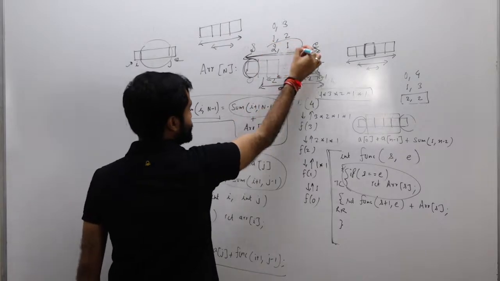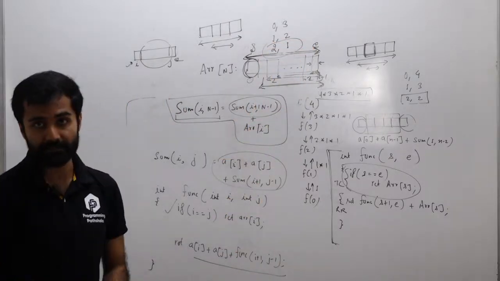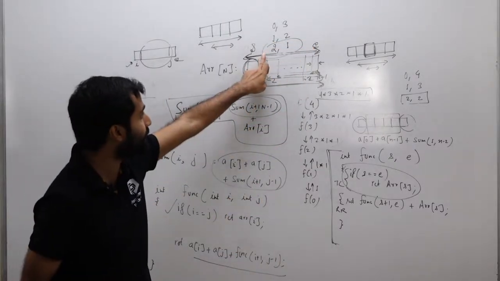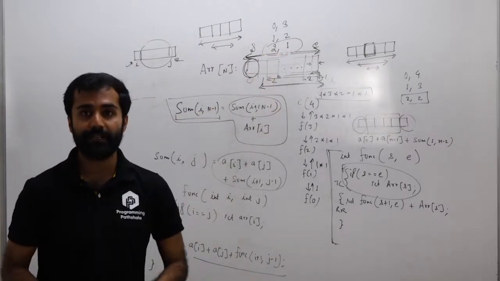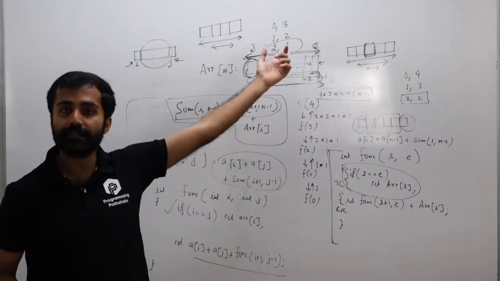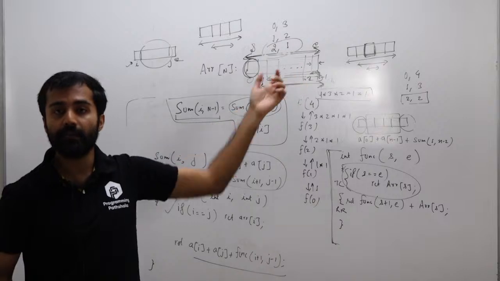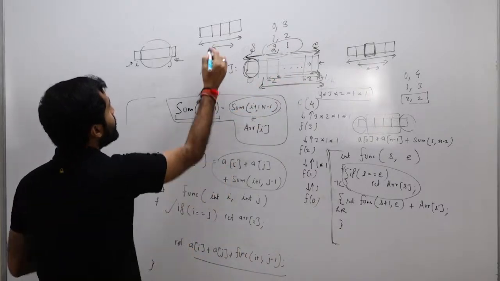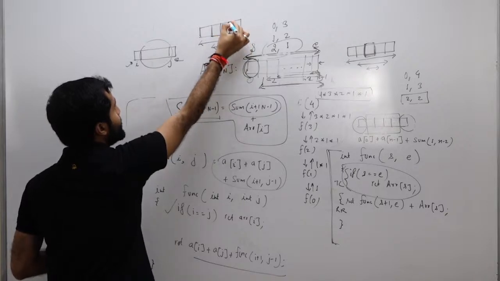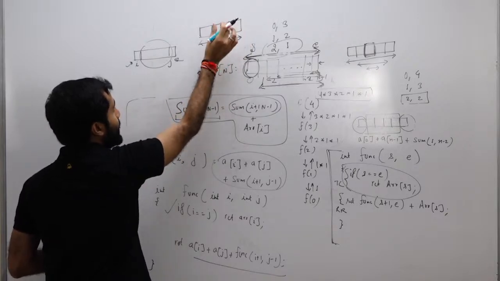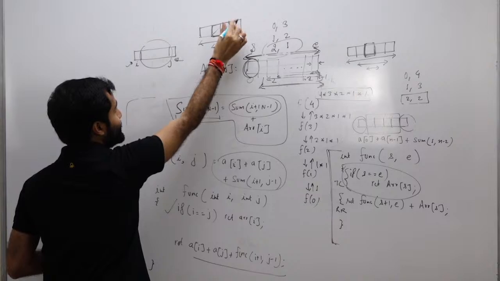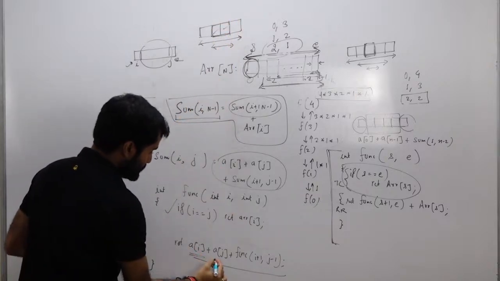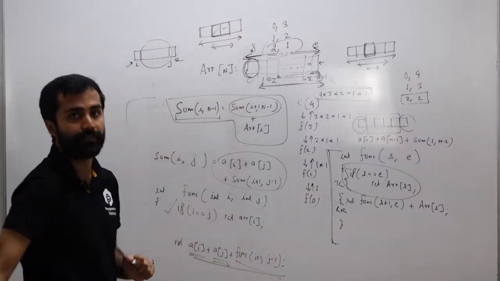Now this does not make sense because the starting index cannot be greater than the last index. And now when does it happen? It happens when you do not have any elements left. Because think of it in this manner, if you made a recursive call for a subarray of size 2, and if you already considered this and that, then there is nothing that is left.